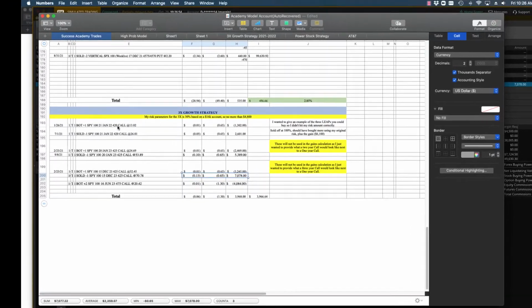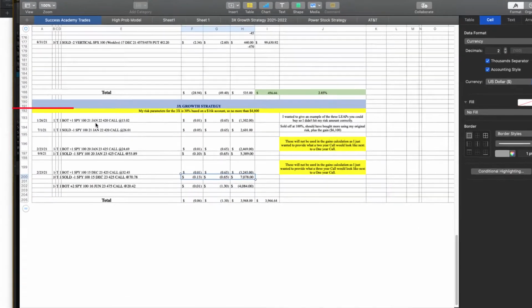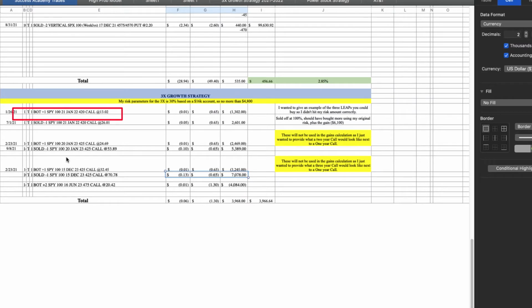We had this 420 call option that expired in January of 2022, which was a year from the date I bought it. Then we had this January 23 call option, which was 2 years from the date I bought it. And then we had this December 23 call option, which was just about 3 years from the date I bought it.